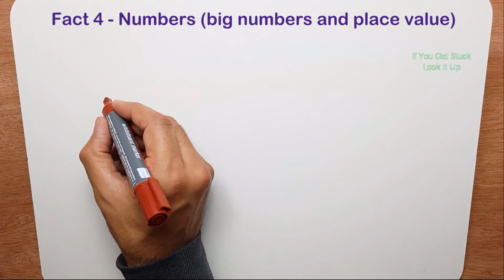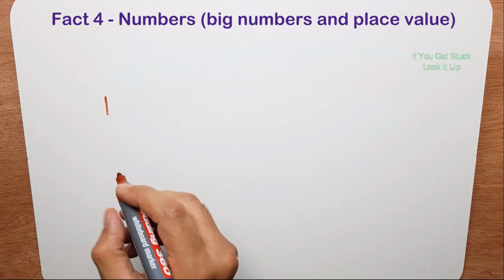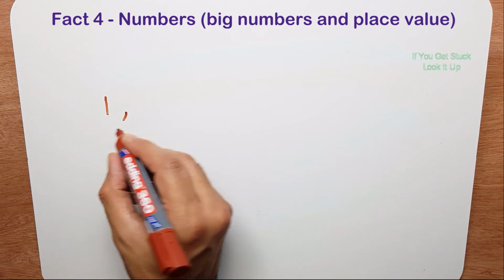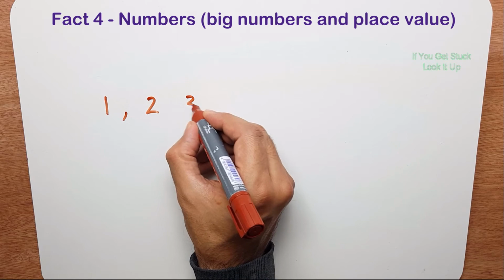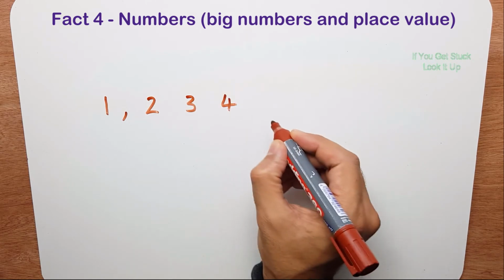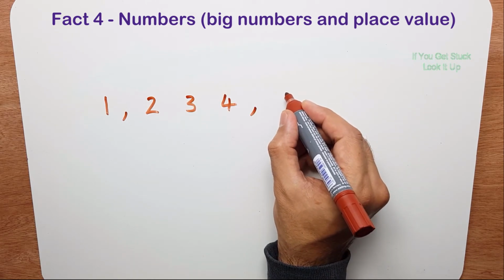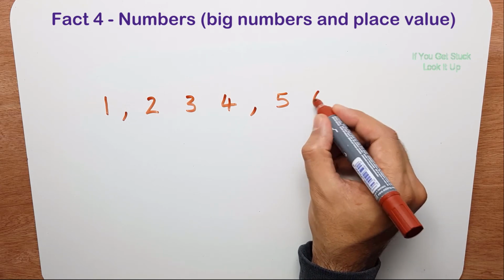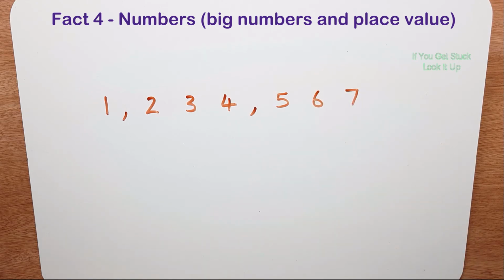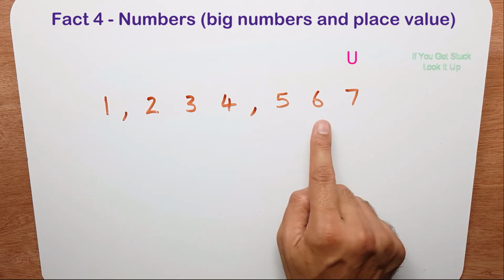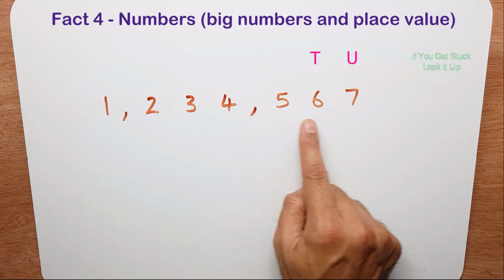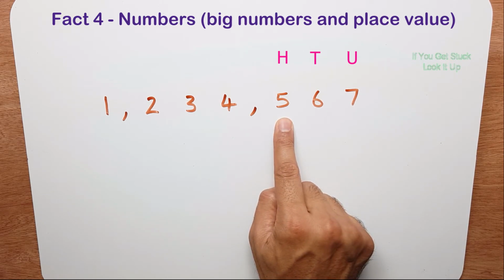So let me write a number for you. That's 7 digits. So I'm going to space it out. 1, 2, 3, 4, 5, 6, 7. So the first one is the units column, or the ones column. This is the tens, and this is the hundreds.